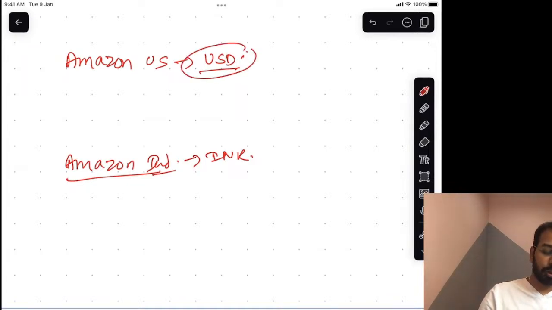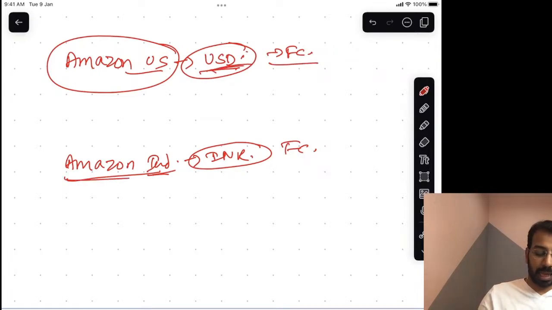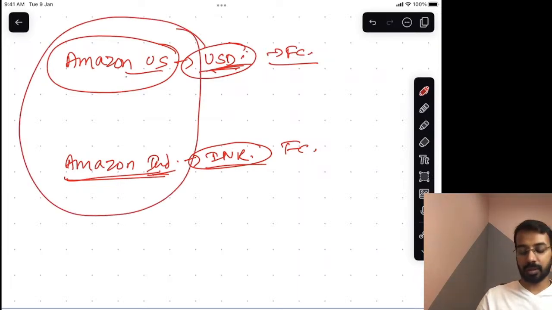Now, USD is the functional currency of Amazon US. Here INR is the functional currency, for example. Amazon US will prepare its financial statements independently in US dollars. Amazon India will present its financial statements independently in INR. Now, Amazon US also has to prepare consolidated financial statements. For that, you cannot add USD and INR balance sheets.